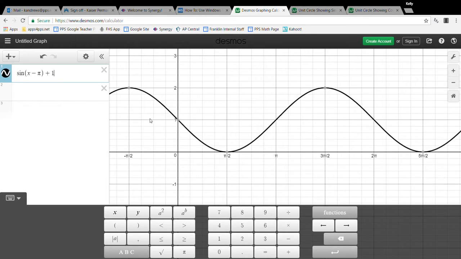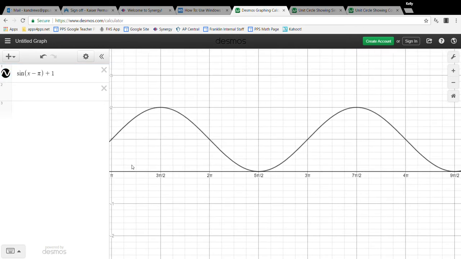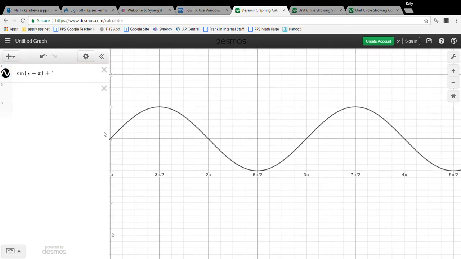I changed my midline to 1, and I also changed my starting point to pi. So really, I'll cut that off right there at the edge. My new starting point was at pi, going up 1 from my midline, back to my midline, down to my minimum, back to my midline. So there's my 1 cycle.